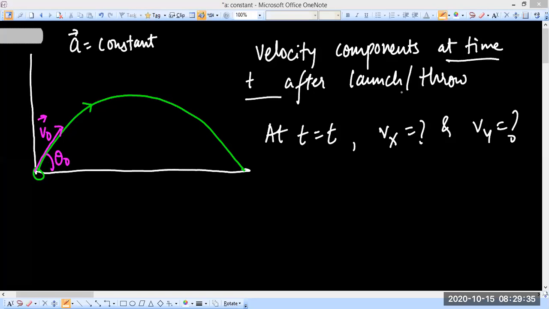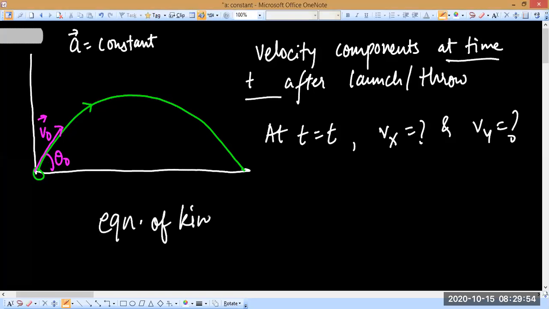What can we use? Some of you are saying G. અરે G, પાર્લે G નથી use કરવાનો. We can use equations of kinematics. એ તો યાદ જ નહીં આવતું હોય. If acceleration is constant, we can use equations of kinematics, right?